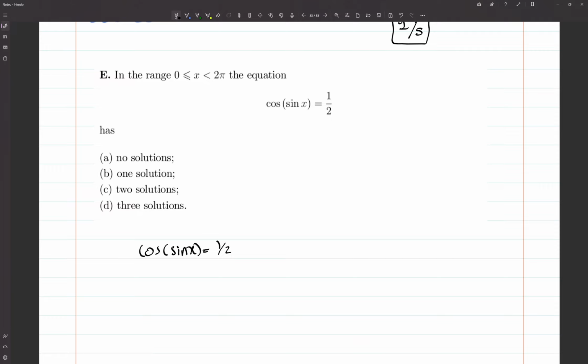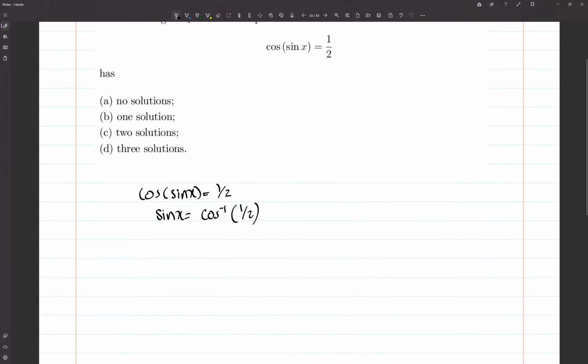So sine x will equal arcsine of a half, and you should know that arcsine of a half gives you pi over 3, 5 pi over 3, and 11 pi over 3, I think it is, and you go plus or minus.